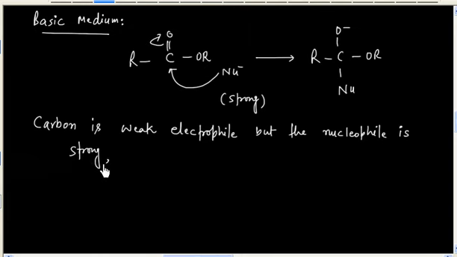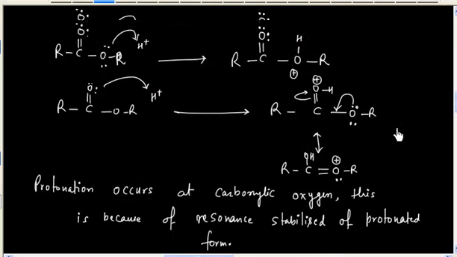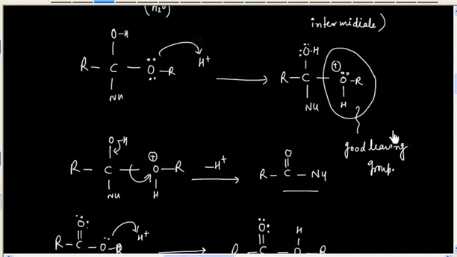So nucleophilic attack occurs. So this is the tetrahedral intermediate that is formed. So either you do reaction in acidic medium or in basic medium, you will always have a tetrahedral intermediate.